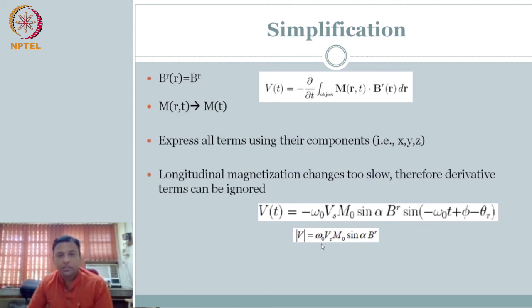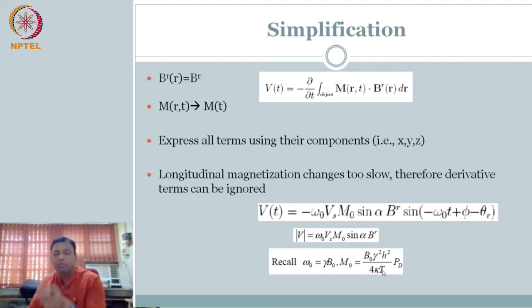Likewise, what is your M naught? Oh, magnetization vector. That also can be increased by increasing the field strength. So we can already recall omega naught is gamma B naught, and M naught is this quantity B naught, gamma square, H square. Remember we talked about this. And then you had the proton density. Again, it is coming here also. More the proton density.